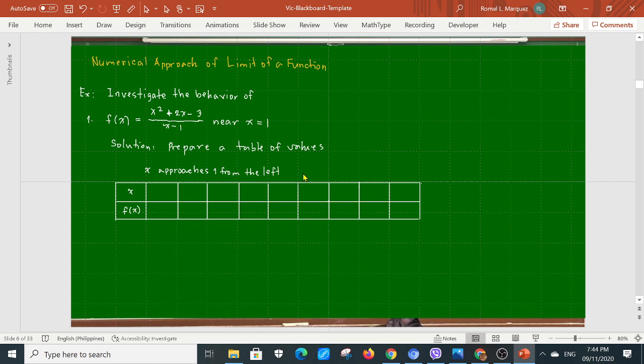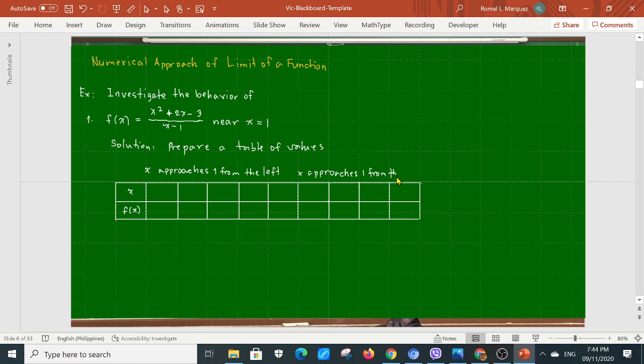And then here, on the other side, x approaches 1 from the right.